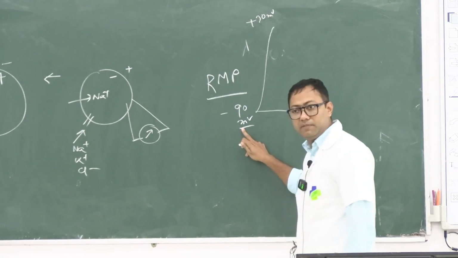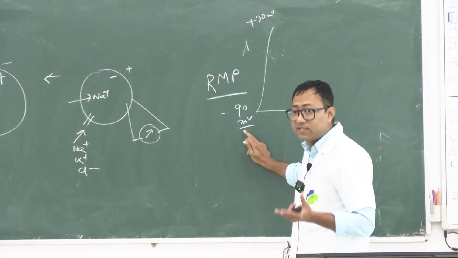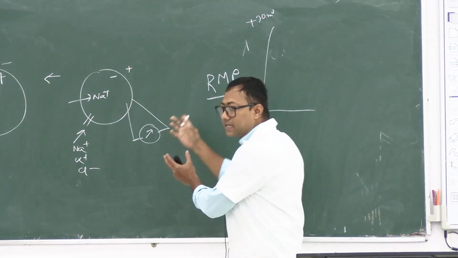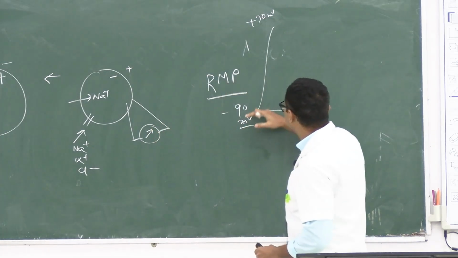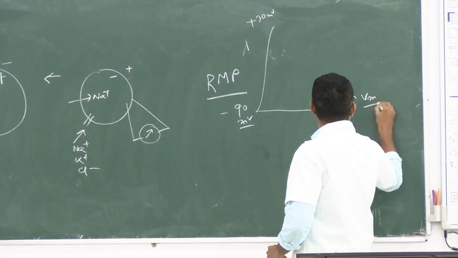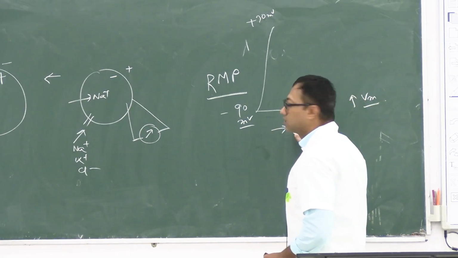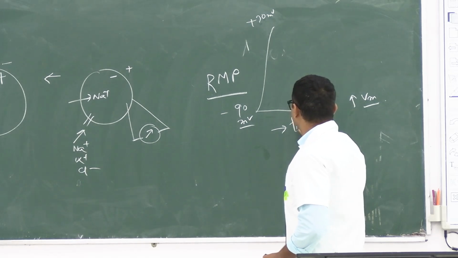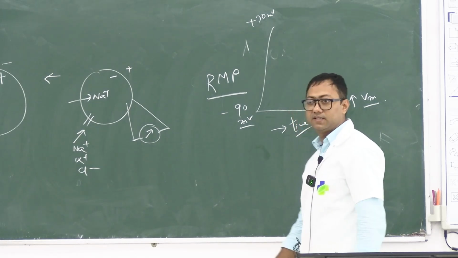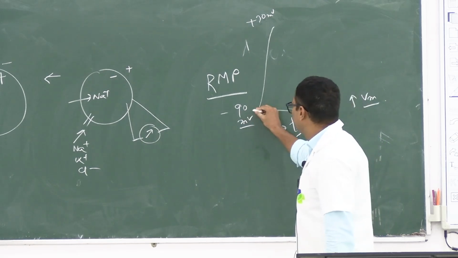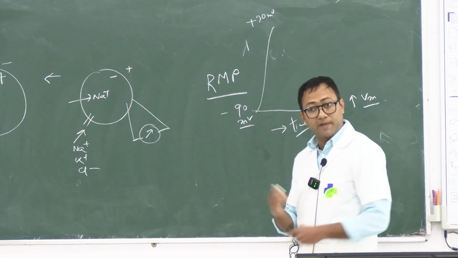It was minus 90 millivolt, which we call the resting membrane potential. As sodium enters the cell, the membrane potential is increasing. The y-axis is membrane potential and the x-axis is time. At the beginning, the membrane potential was minus 90 millivolt.